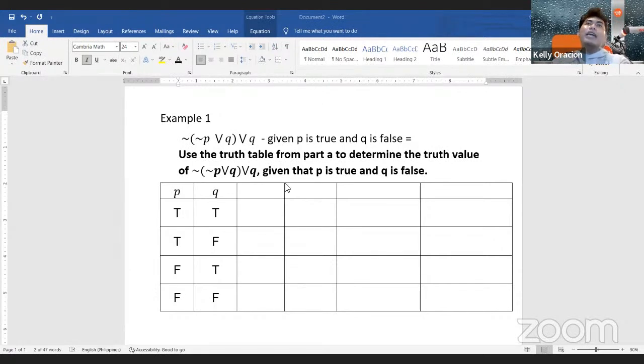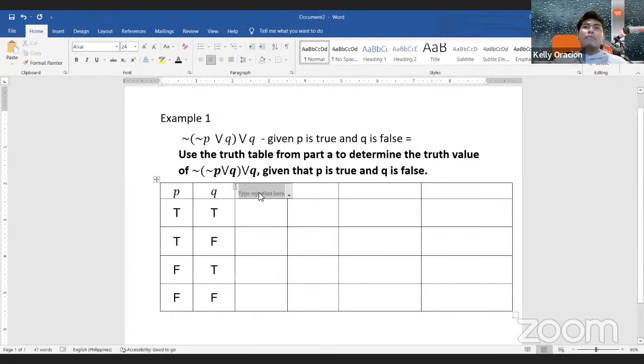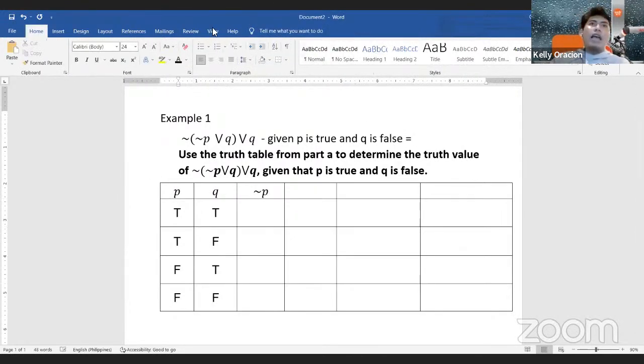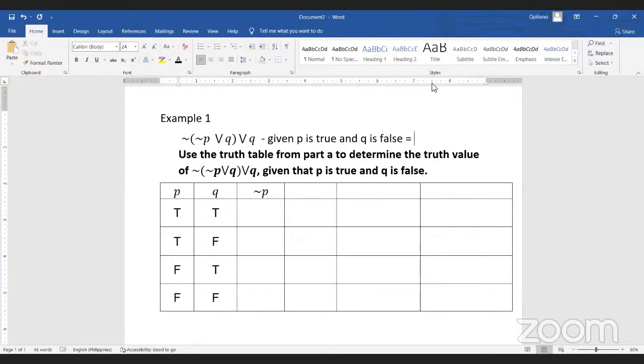Sabi ni Shen, it's the negation of P. Shen, paano mo nasabi na negation of P yung una nating i-manipulate? Because hindi po yung P ang ginamit. It's negation of P. Okay, that's correct.